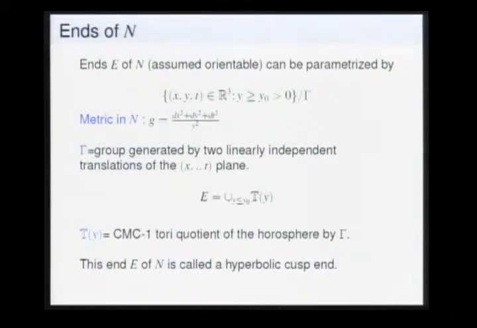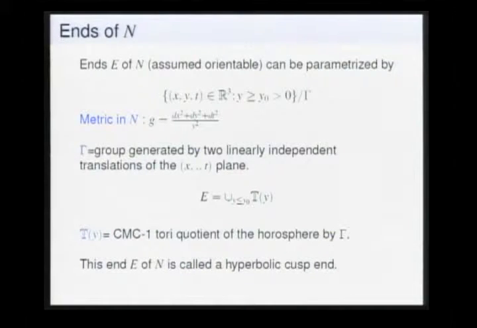I just said it in words, but explicitly, you consider the half space, where the end will be just y greater than or equal to y0. The metric is the hyperbolic metric, the Euclidean metric divided by y squared. And the group is a group of parabolic transformations leaving the plane xt invariant.